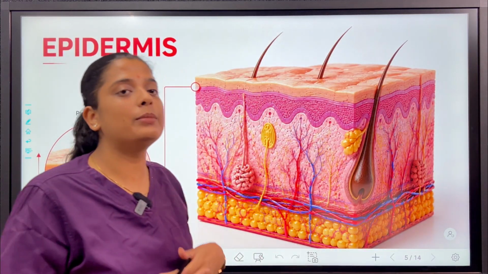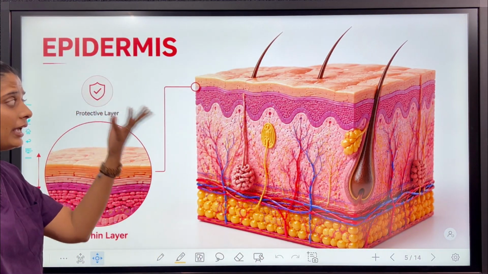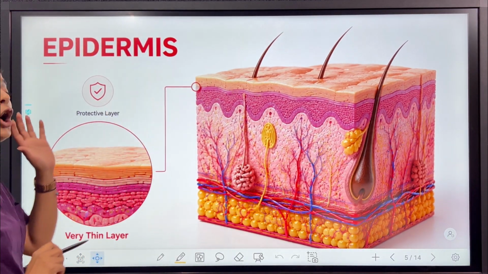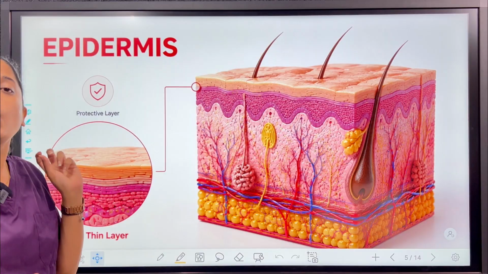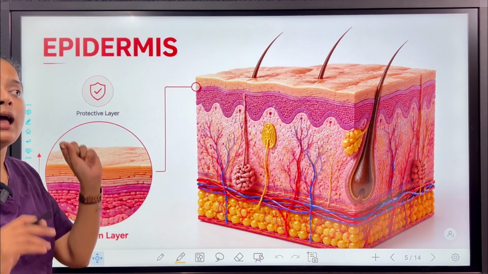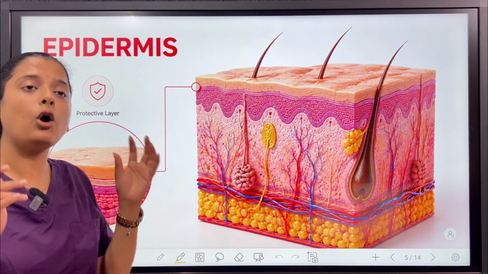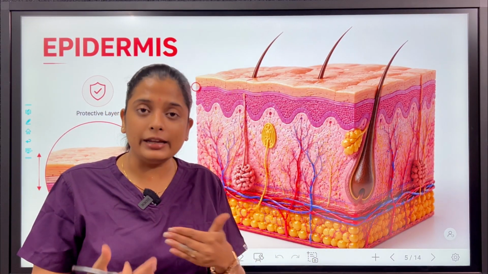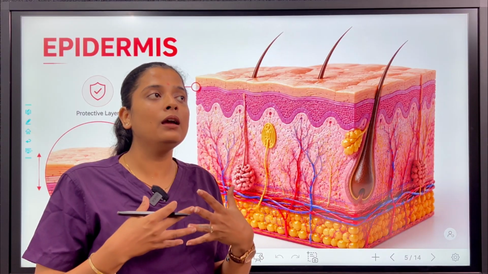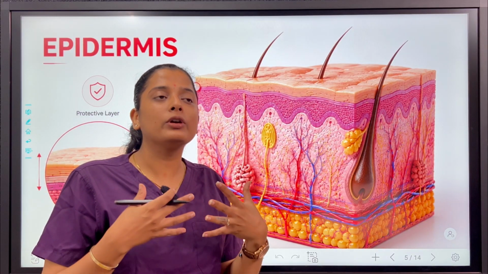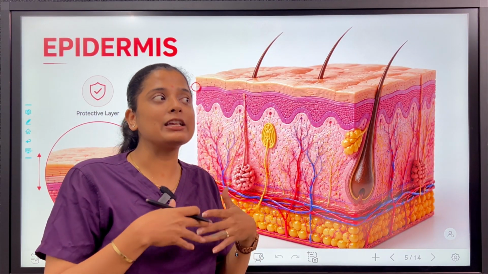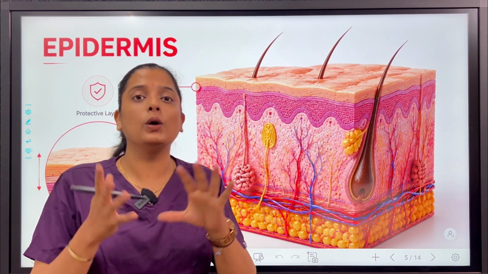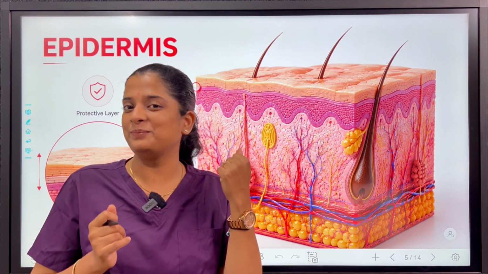Now, when we are talking about the epidermis, it is basically the top layer of the skin, which not just protects the body, it also acts as a thermoregulator. It helps to get new rejuvenated skin and exfoliate the dead skin out, and the epidermis also gives the color to the skin, correct?